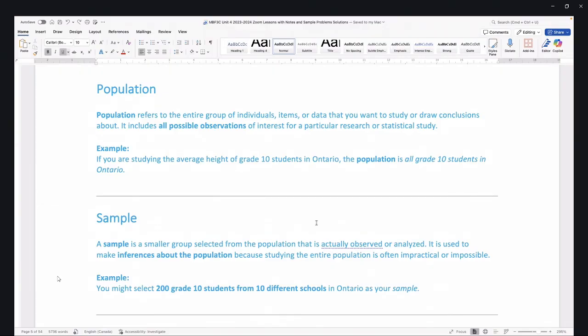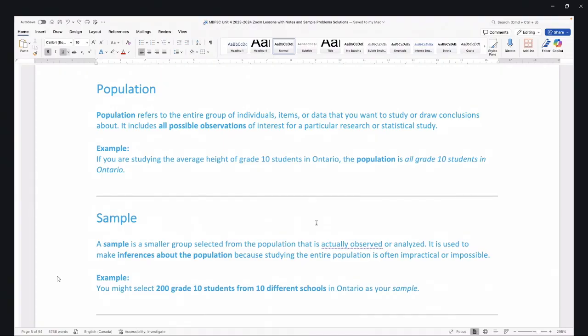medication. So if you are studying the average height of grade 10 students in Ontario, the population is all grade 10 students in Ontario. So if we're interested in what the average weight and height are of grade 10 students in Ontario, there's an awful lot of kids in Ontario in grade 10.